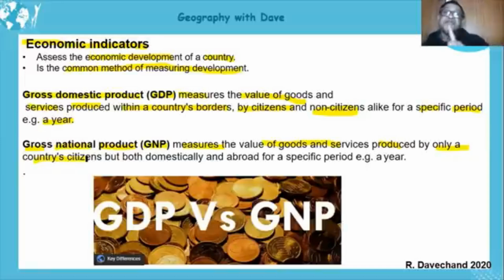The difference here is that it excludes the non-citizens, but it's produced both domestically and abroad. So South Africans producing in the country and outside the country for a specific period, again generally a year. For each year it measures so they can compare. So we have these two.